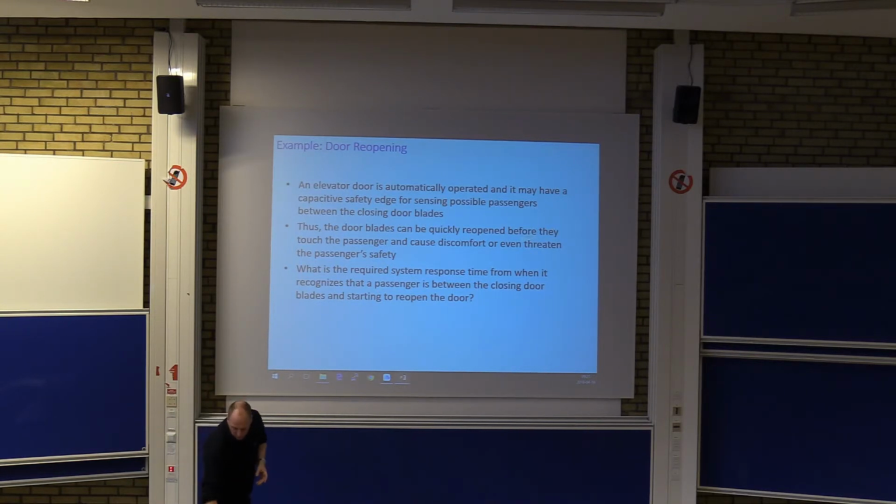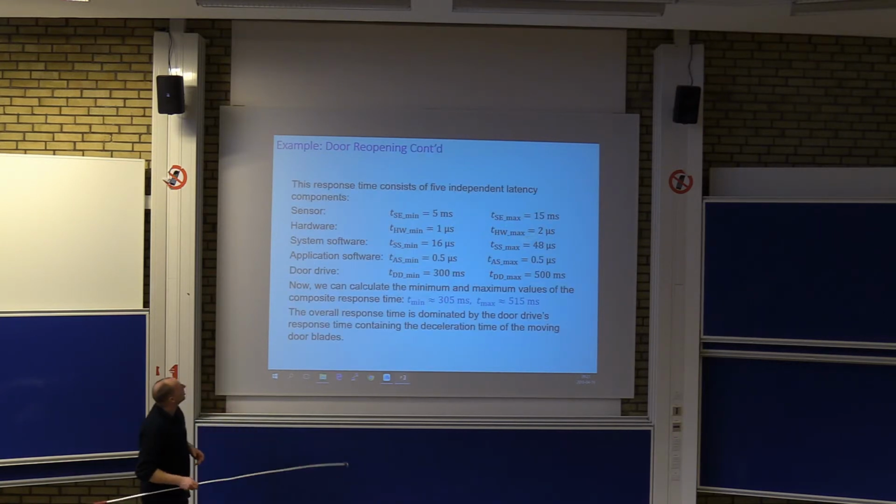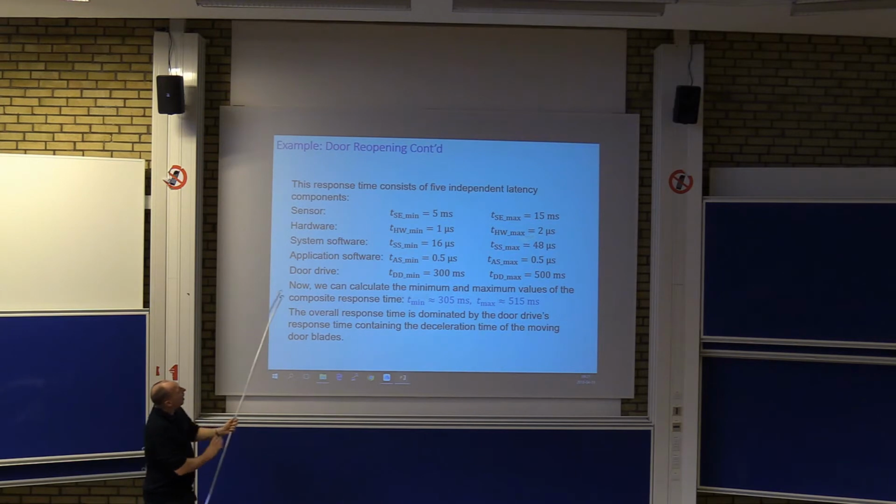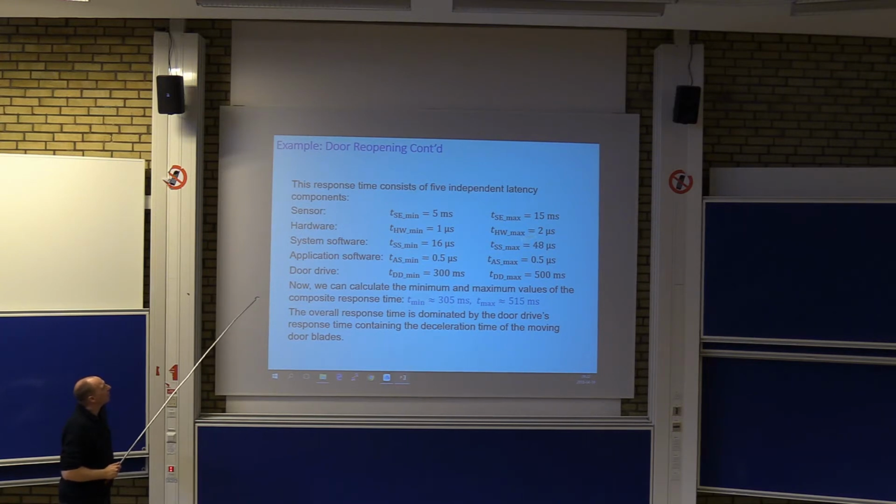So what can you then do? If you would like to do a response time analysis of this application, you have to look into the different components that the system consists of. You have the sensor, you have the computer hardware, you have the software, this is the real-time operating system, and then you have the application software, your control task, and then you have the physical door drives, the motors controlling the doors.